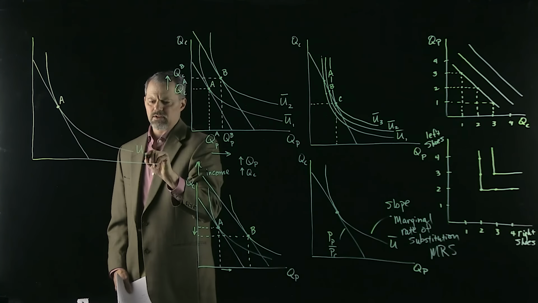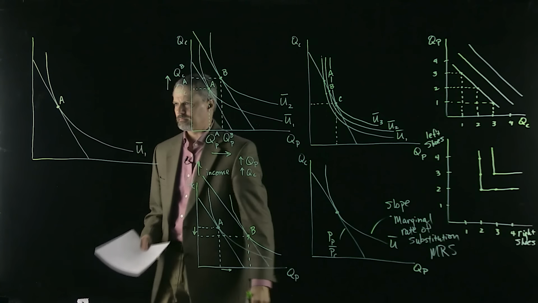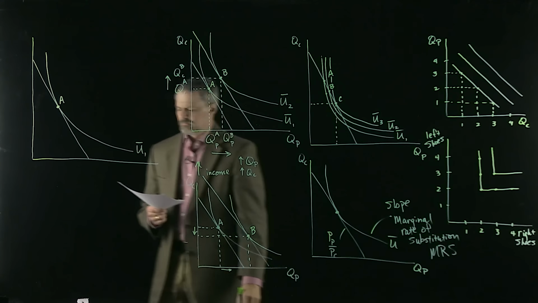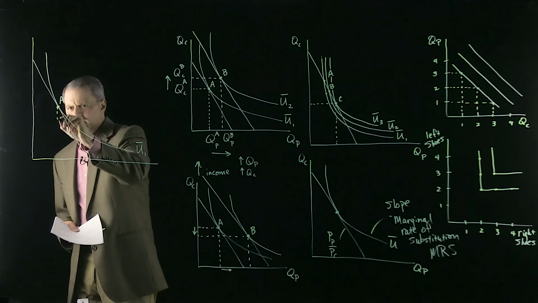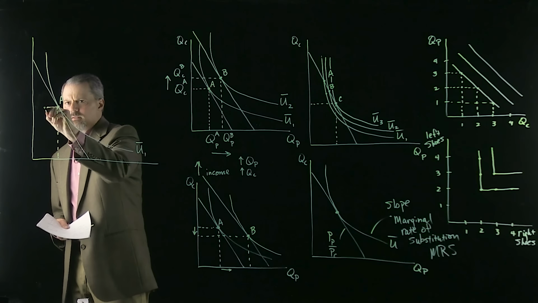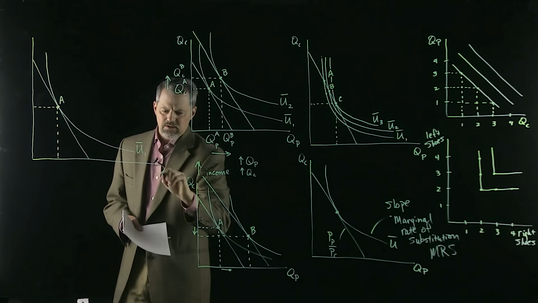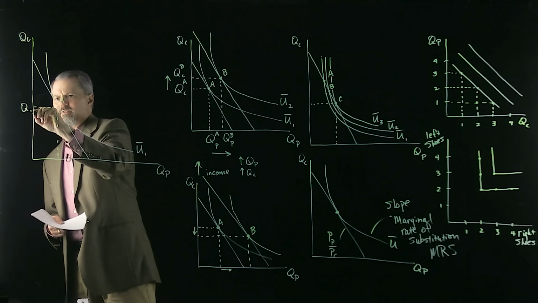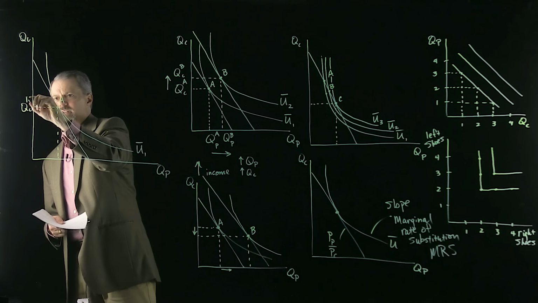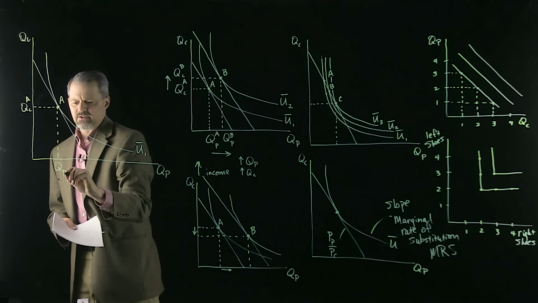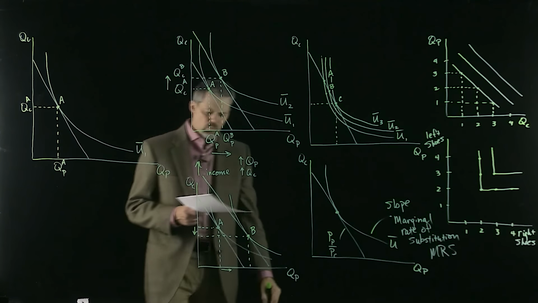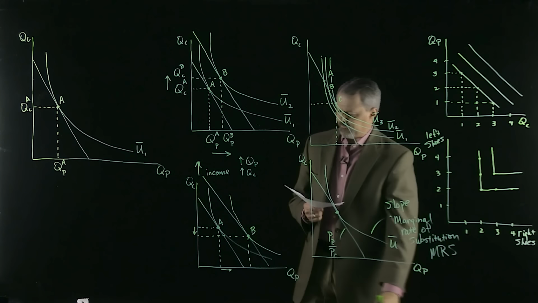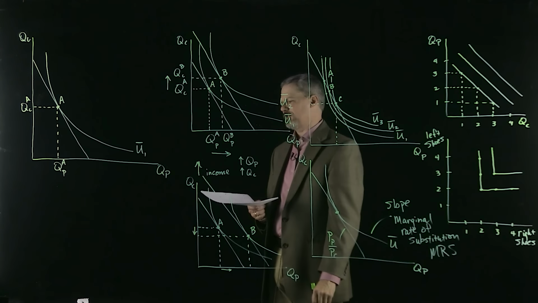Call this indifference curve U1. Same thing, let's do quantity of pizzas, quantity of Coke. Here's the quantity of Coke at point A, quantity of pizzas at point A. We're going to focus on what happens if we change the price of pizza.